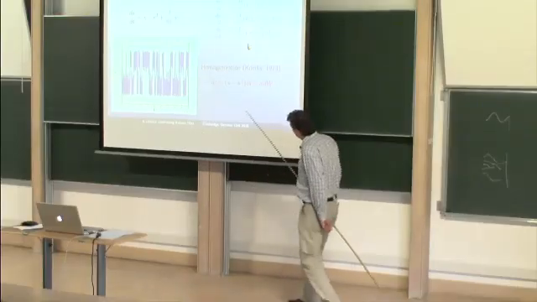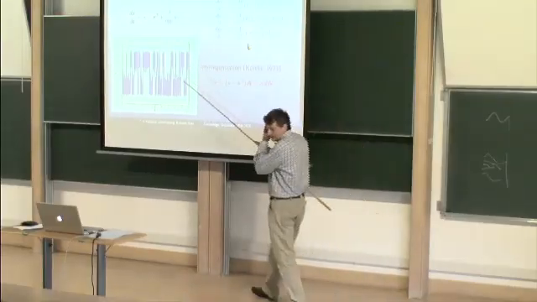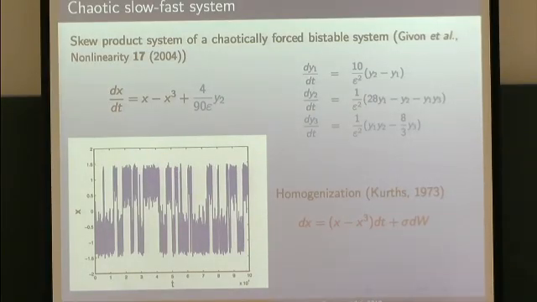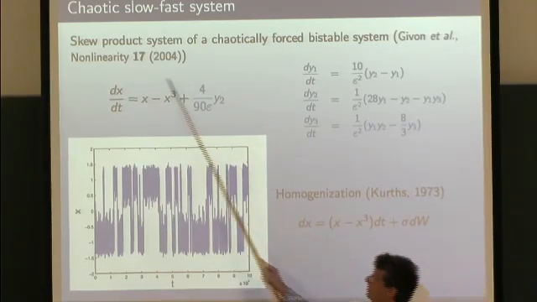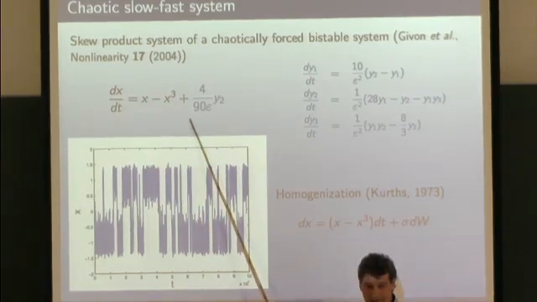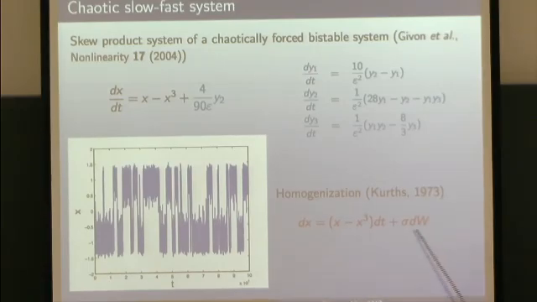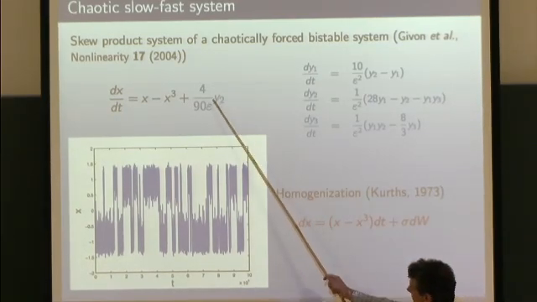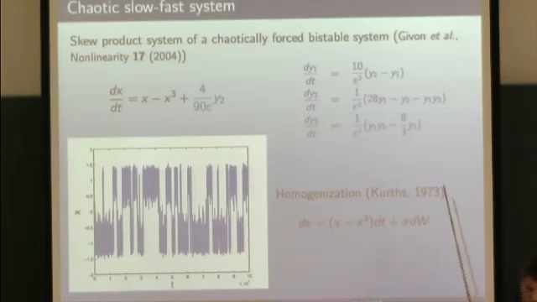Okay. So this looks like a stochastic system, and indeed you can use stochastic singular perturbation theory, or it's called homogenization, to motivate this SDE now, as an equivalent SDE for the long time behavior of this four-dimensional slow-fast system.